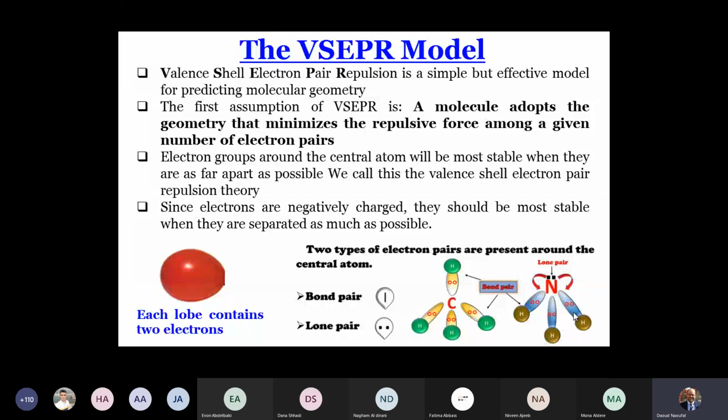So VSEPR is based on the study of all types of repulsions in the valence electrons around the central atom, and when these repulsions are minimum, we obtain what we call the structure of this molecule.